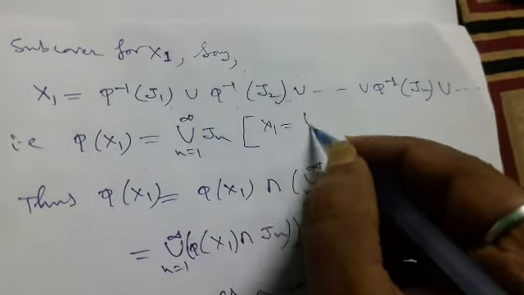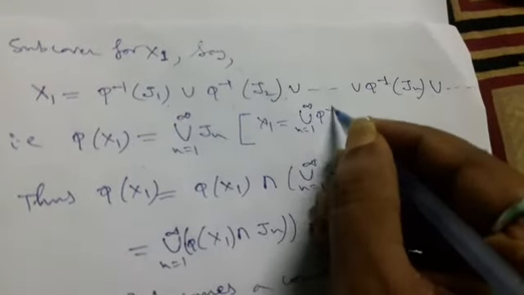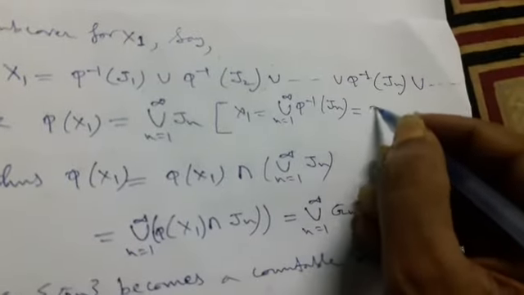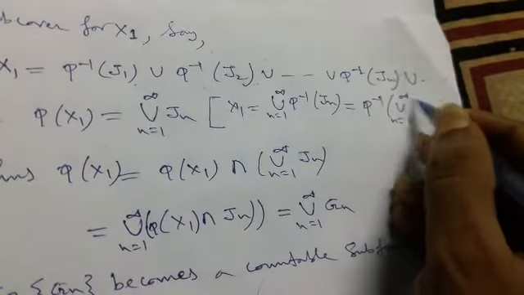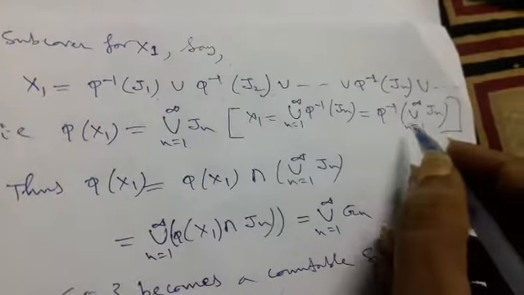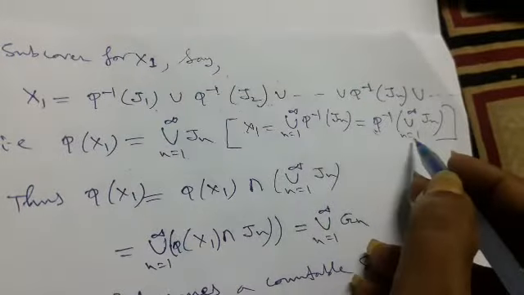x1 is equal to the union n equals 1 to infinity of phi inverse of jn, and if we take it this way, phi inverse of the union n equals 1 to infinity of jn, then it is easily clear that phi of x1 will be this result. Clear.